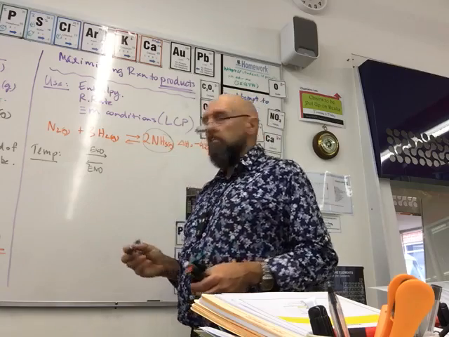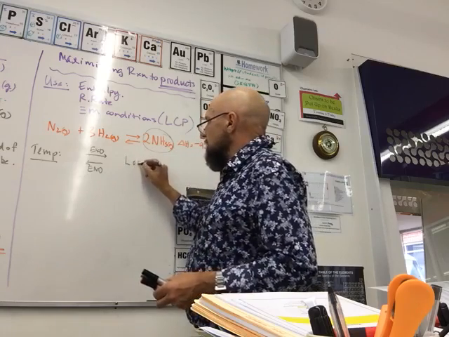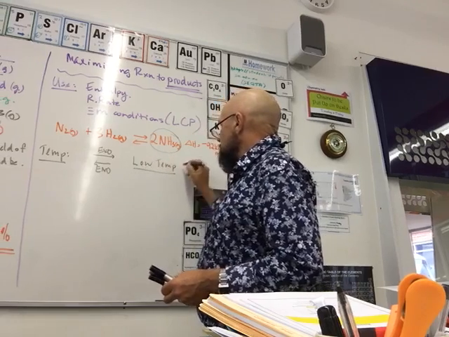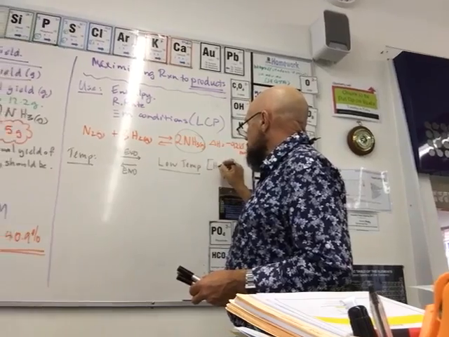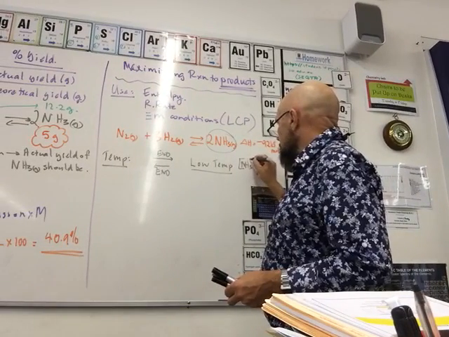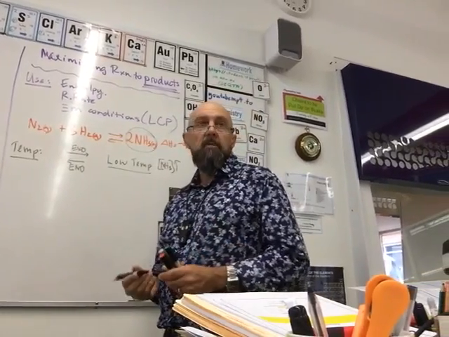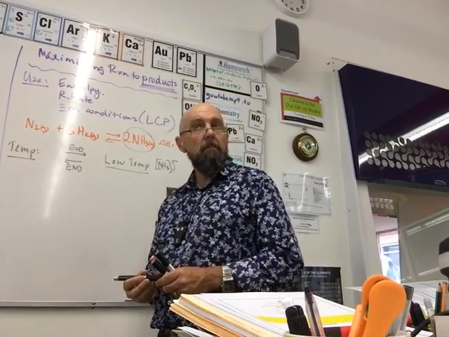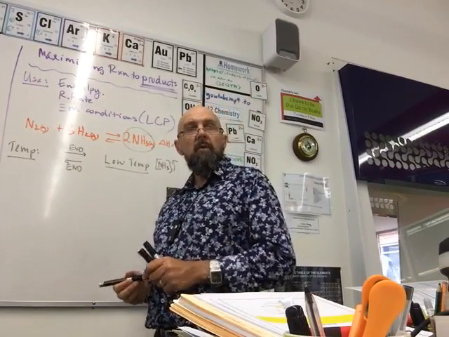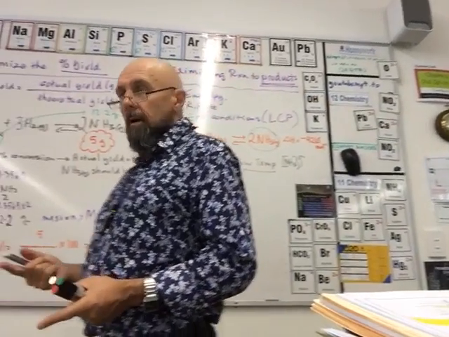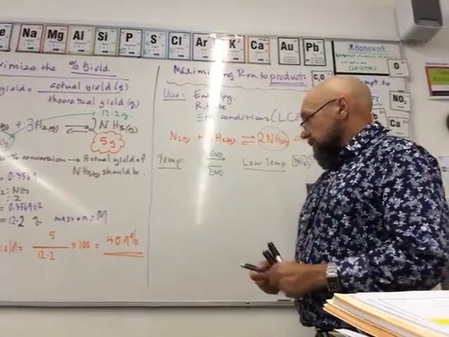So what we're saying straight away is that low temperature would mean the concentration of NH3 would be favourable, according to Le Chatelier's principle. This is how we argue it. Everyone happy with that? Alright, that's temperature.